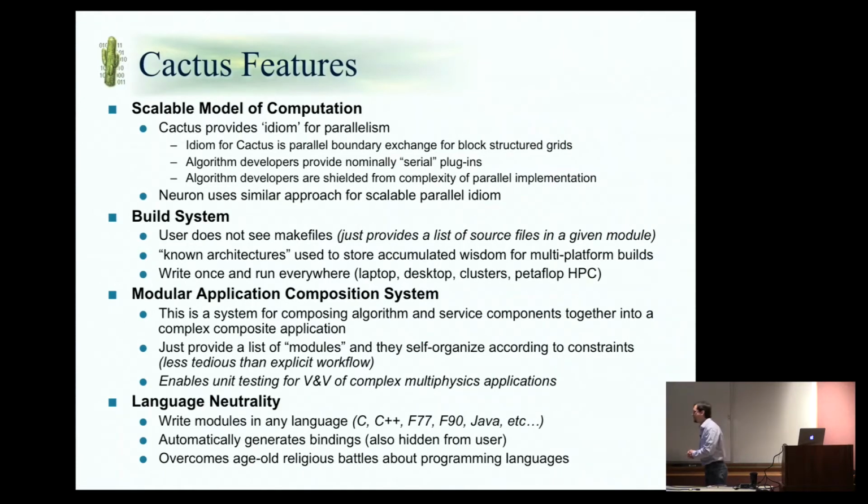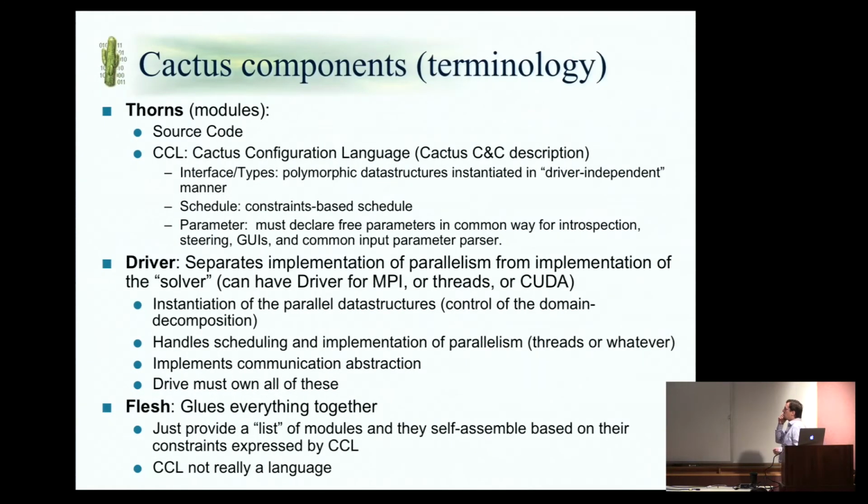You could write your modules in C, C++, Fortran, Java, lately Ruby on Rails, and it completely hides all of the automatic binding and all the differences of the languages. So when you write your module in whatever language you want, it doesn't matter what language the other modules in the system were written in. So it gets rid of our old religious battles about languages.